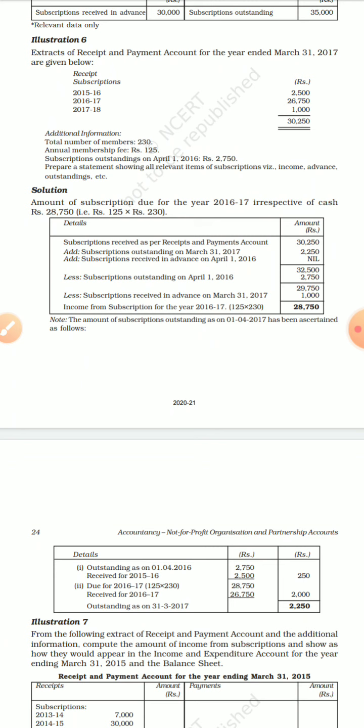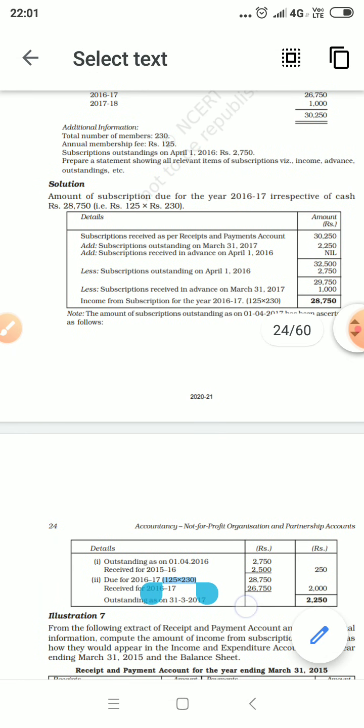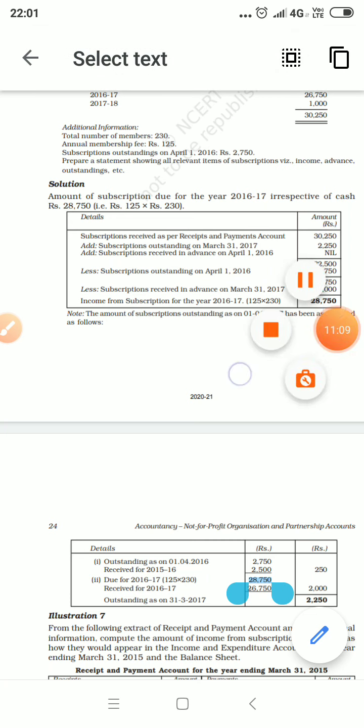So the total amount of subscription which is to be credited to the income and expenditure account is 230 into 125. So that is what they have done here. 125 into 230 is 28,750.